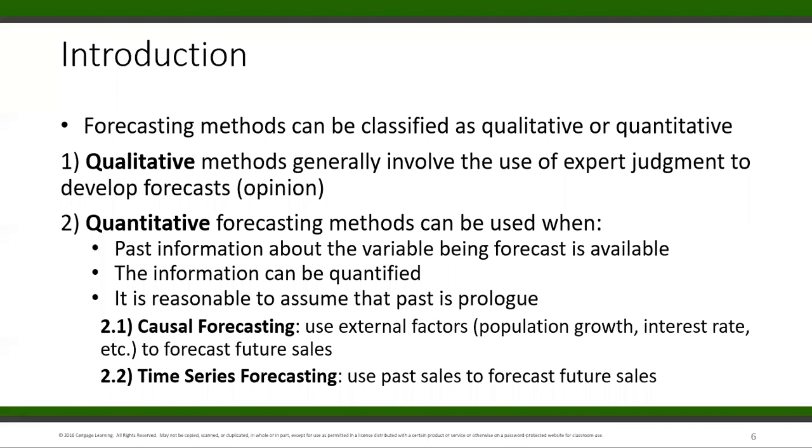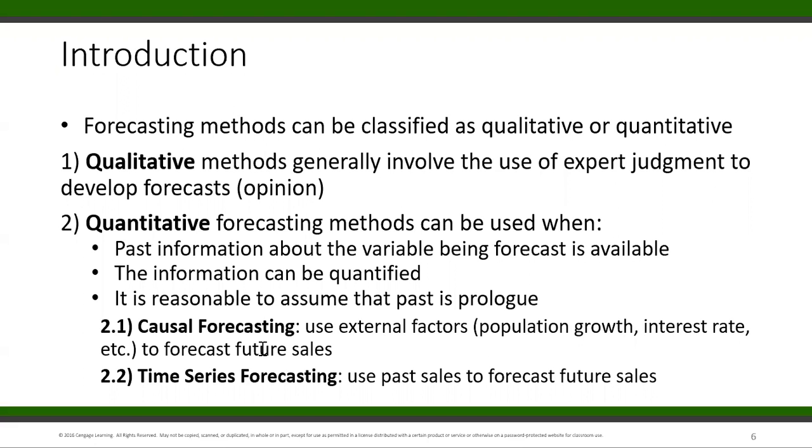Quantitative methods in general can be categorized into two classes: causal forecasting and time series forecasting. We've done a lot of examples of causal forecasting in the previous chapter, the regression chapter. In causal forecasting, we try to connect the variable of interest to other external variables that we believe contribute to whatever we are trying to forecast.